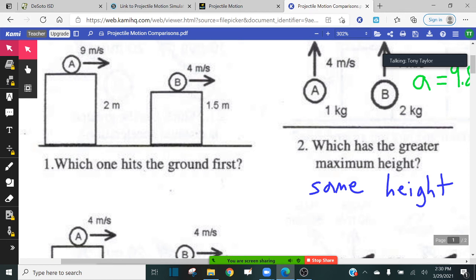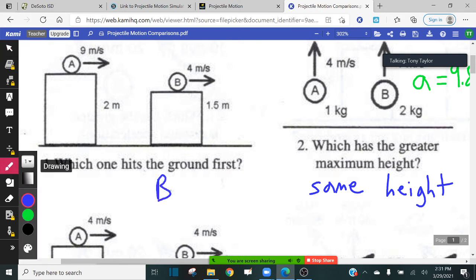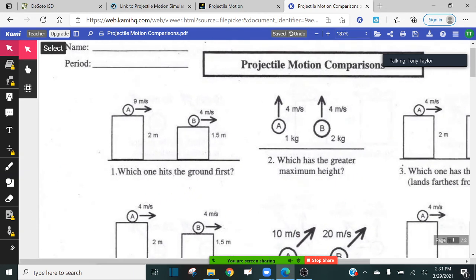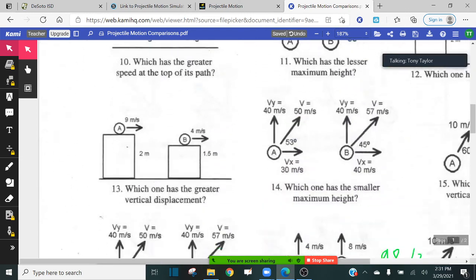Hopefully it should be the case that, obviously ball B is going to hit the ground first, because think about it. Not only is it lower in height, but notice ball B is also released with this much smaller velocity. So ball B is not going to be in the air as long as ball A.